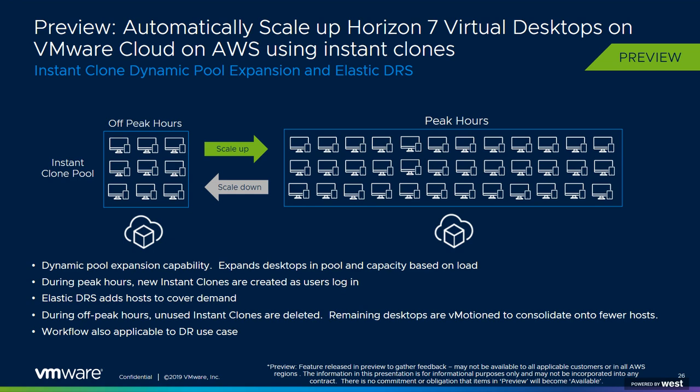When we look at scalability, one of the big features around VMware Cloud on AWS is giving us the capability of extending the capacity of the cluster in very short order.